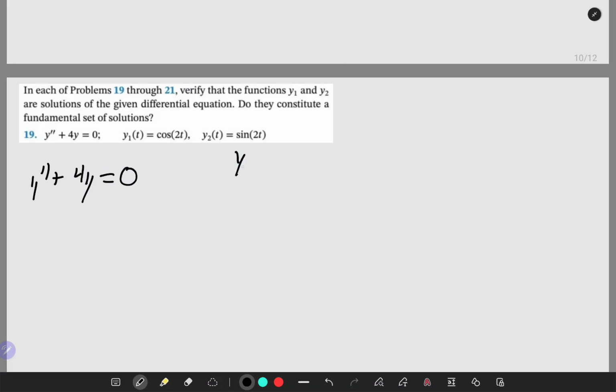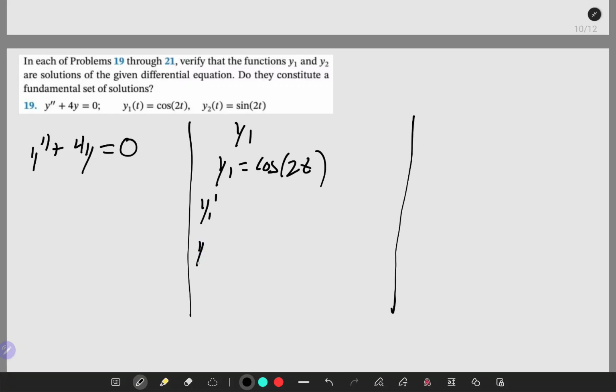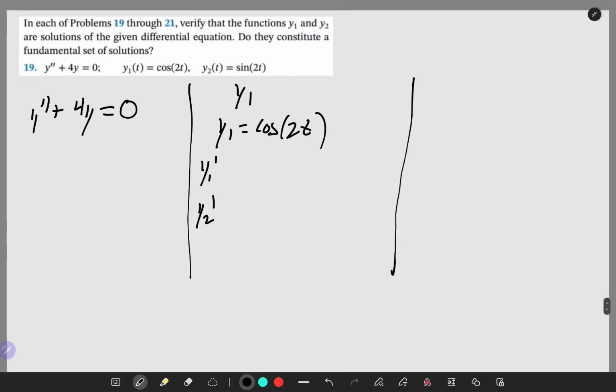Okay, so let's look at y1. If you look at y1, take the first derivative. Oops, I'm sorry, first and second derivative. This would become negative 2 sine of 2t.